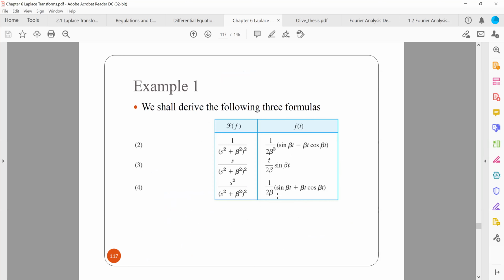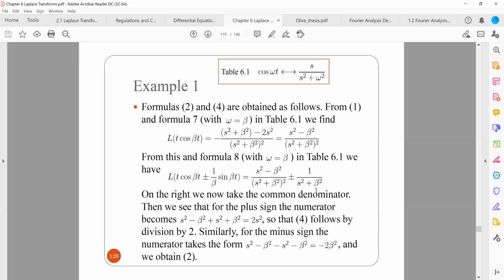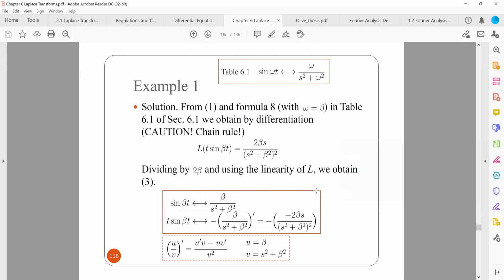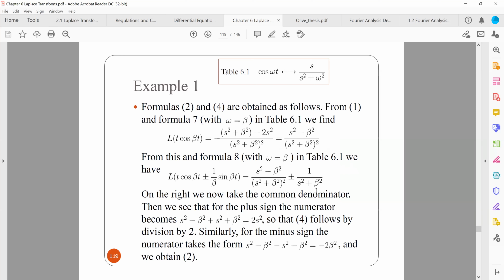So if we bring it in, it would be 1 over 2 beta sine beta t plus t over 2 cos beta t. We are going to put these terms together and sum them. We are leaving out the 2 for now. So we have t cos beta t plus 1 over beta sine beta t. Sine beta t, we know it from, again, table 6.1.